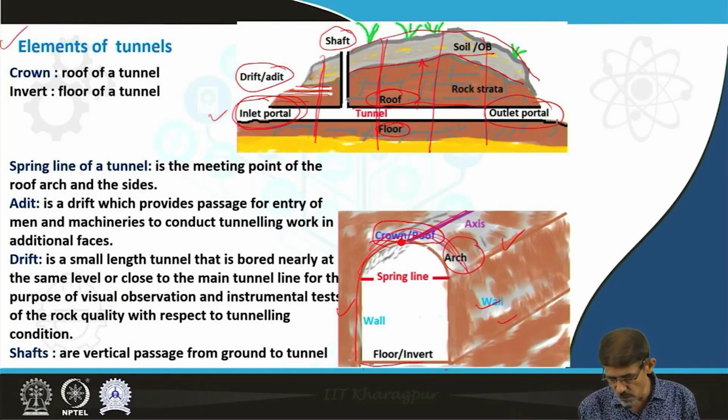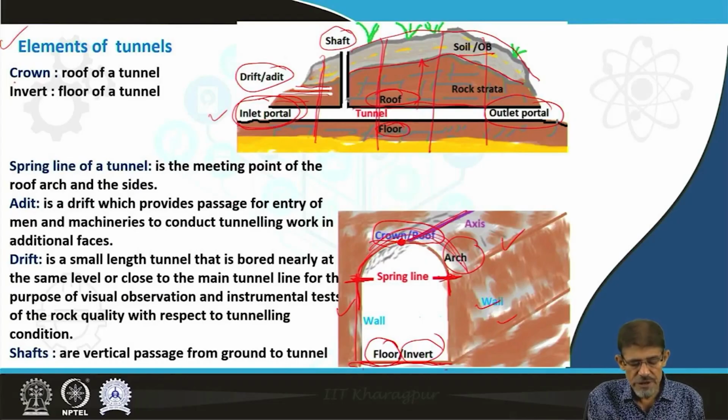The lower portion at the bottom side we recognize as the floor or invert. Where this vertical wall meets this arch is recognized as the spring line. You can see here these two points are recognized as spring lines.